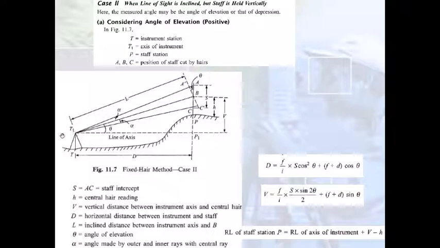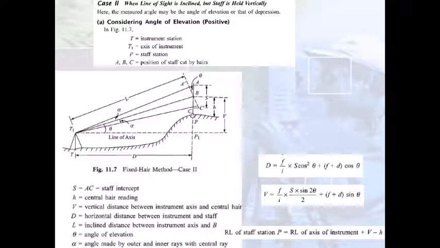So you have a benchmark somewhere else, and by taking a reading at the benchmark when the telescope is horizontal, you take the backsight and then you add the backsight to the benchmark to get the reduced level of the height of the instrument, which would be this value.